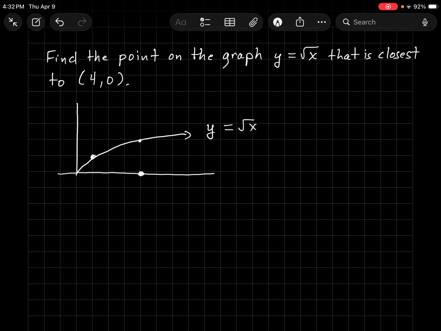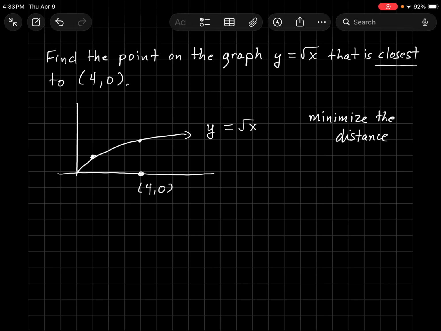I'm going to plot the point 4, 0. And I want to find the point that is closest to this. Now, the key word here, of course, is closest, which we're going to translate into minimize the distance. That's what we really want to do in this problem.